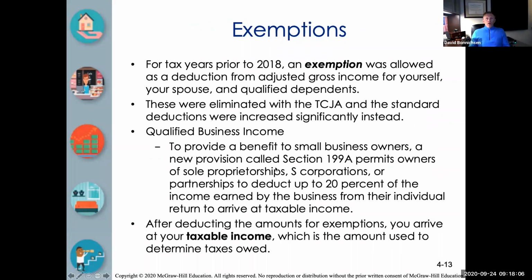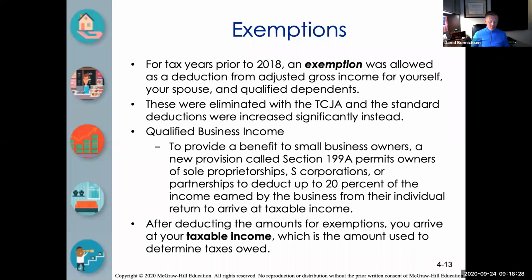And then we talk about exemptions, right? So prior to 2018, the IRS would allow you to take an exemption for yourself, which was a deduction from your AGI. You could also take an exemption for your spouse, and you could take an exemption for each of the children that you might have.